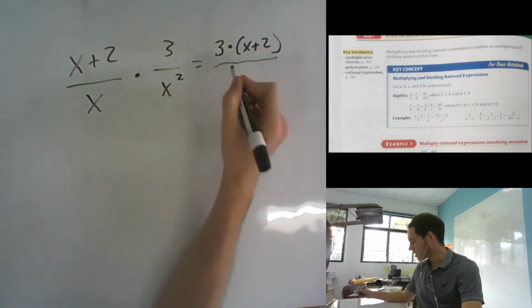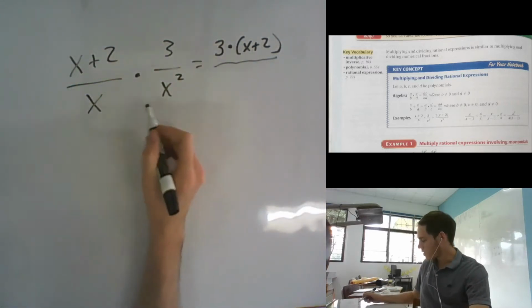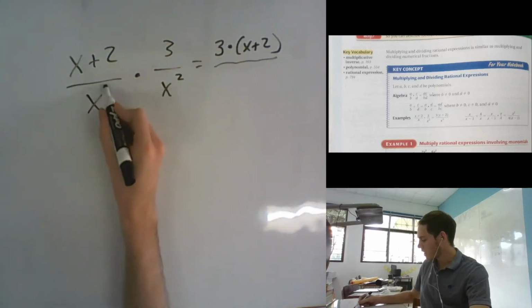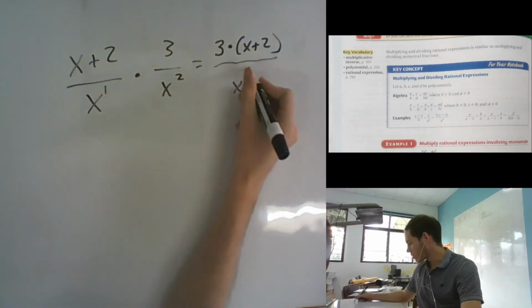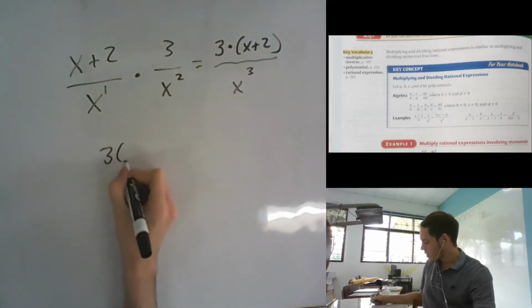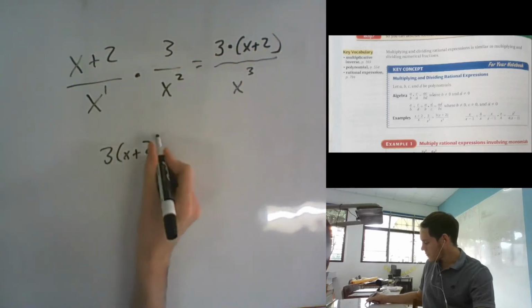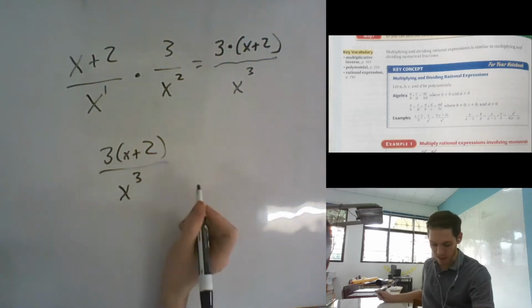Then x times x squared: when you multiply two numbers with powers, you add the powers. So you get x cubed. So our answer would be 3 times x plus 2 over x cubed. Okay, that would be our answer.